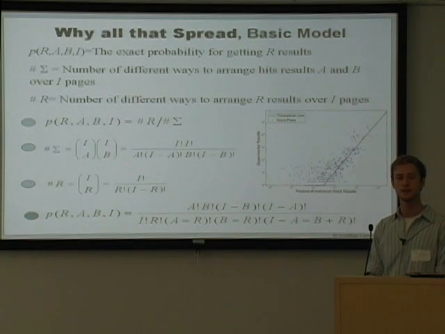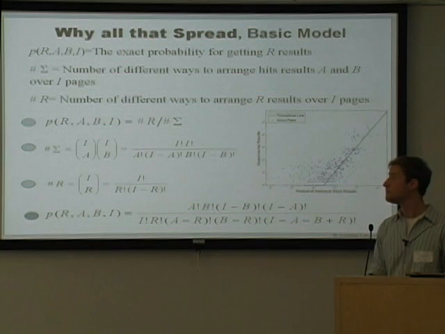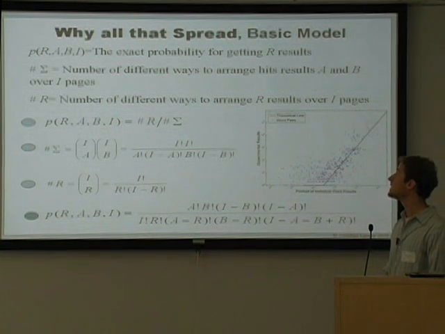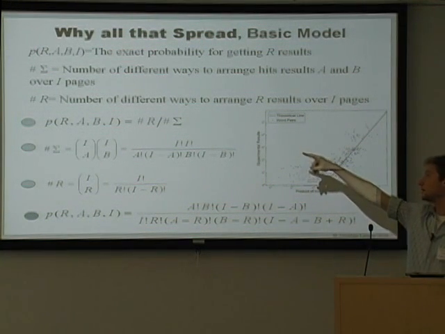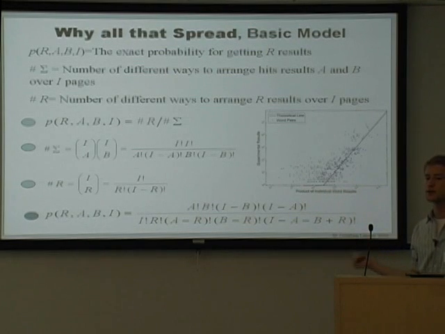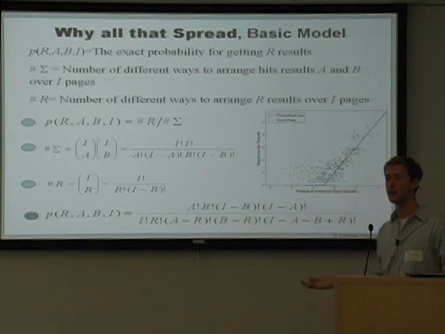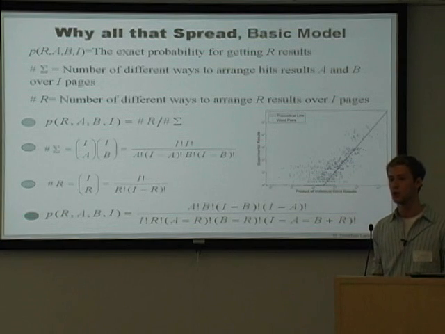Now to do that, we need to find the exact probabilities. So we're going to go back to the basic model one more time, and say that the probability I'm defining as P of R, the number of results, comma A, comma B, comma I, is again the total index size. And the basic model again is that all pages are equal. So the probability of a word appearing on a given page will be the same.